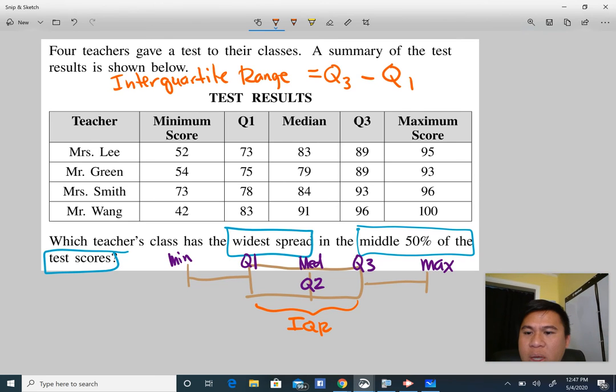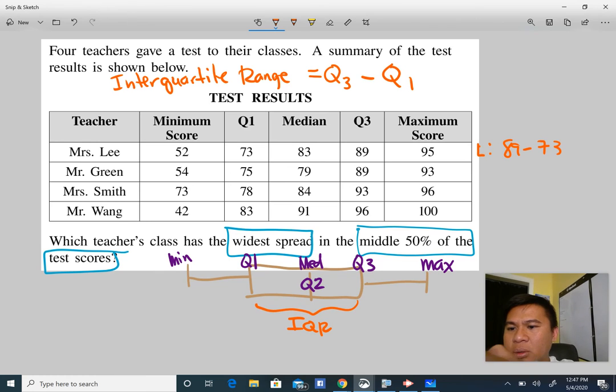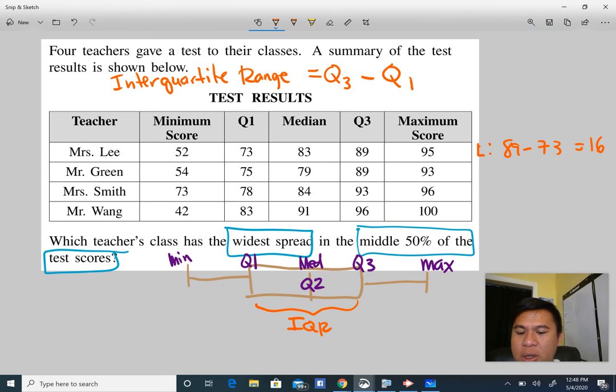So we're simply going to compute Q3 minus Q1 on each teacher's box plot. For Miss Lee, that will be 89 minus 73, which is equivalent to 16, and we'll do the same computation for the rest of the teachers.